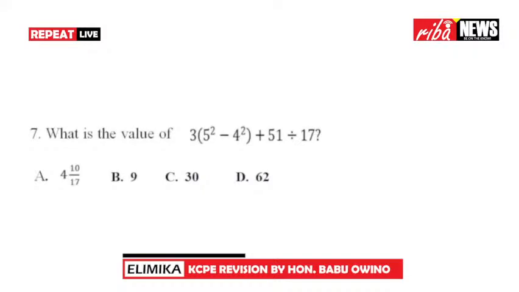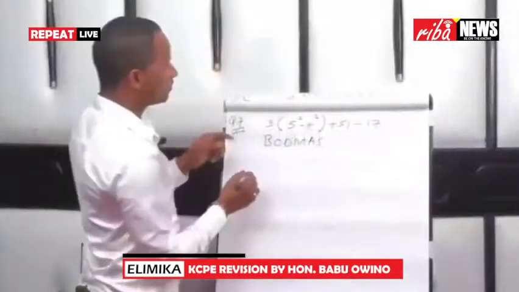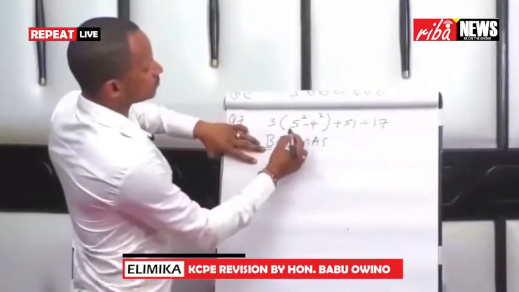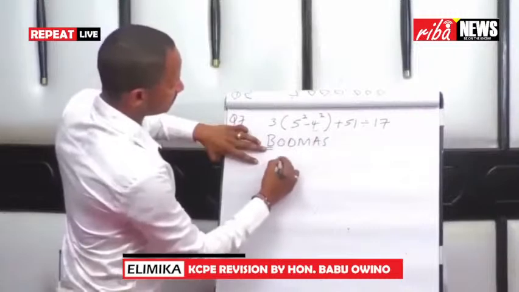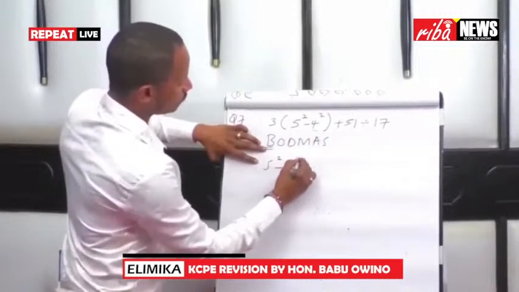So what does this question want? I told you when you're given whole numbers and it involves more than one sign, you use what we call BODMAS. So this is an application of BODMAS. So BODMAS is bracket. So first of all, solve what is in the bracket, which is 5 squared minus 4 squared.